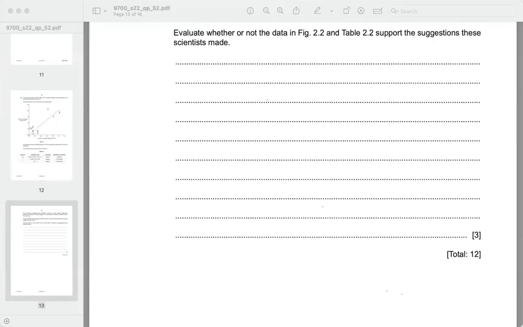Coming back to how to write the answer now. The first and the second part we were able to pick up for support: that there was a positive correlation and there was a significant correlation. So positive from the table and significant from the table. Now, what does not support from the graph?